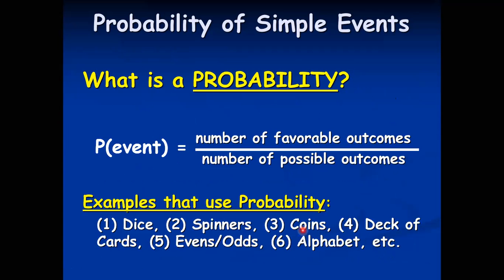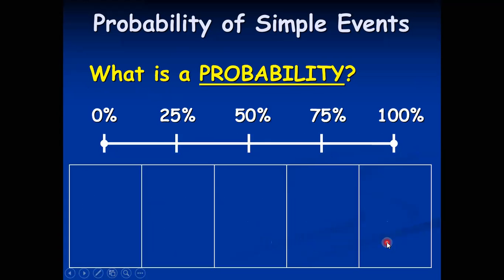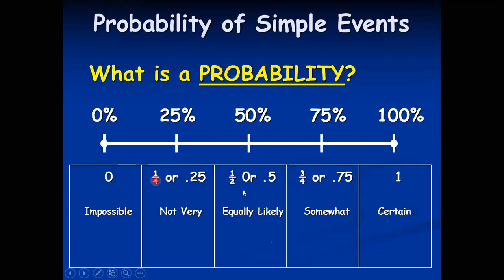Examples of the use of probability are rolling a dice, spinners, tossing a coin, a deck of cards, choosing even and odd numbers, and choosing a letter in the alphabet. All those apply probability. Probability always ranges from 0 to 1, and the closer it is to 1, the more certain an event is to occur, and the closer the answer is to 0, the more impossible the event is.